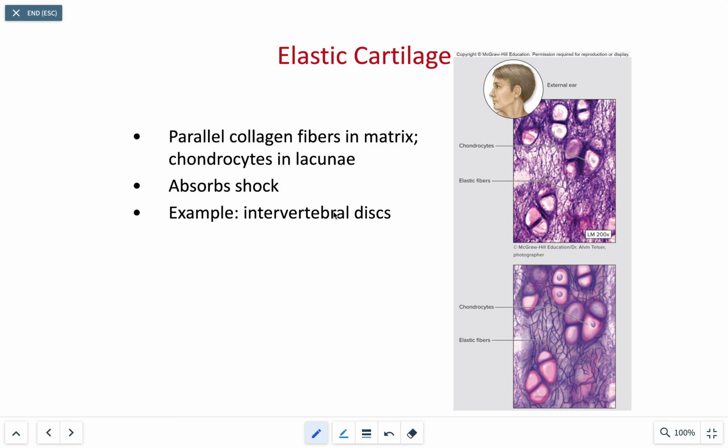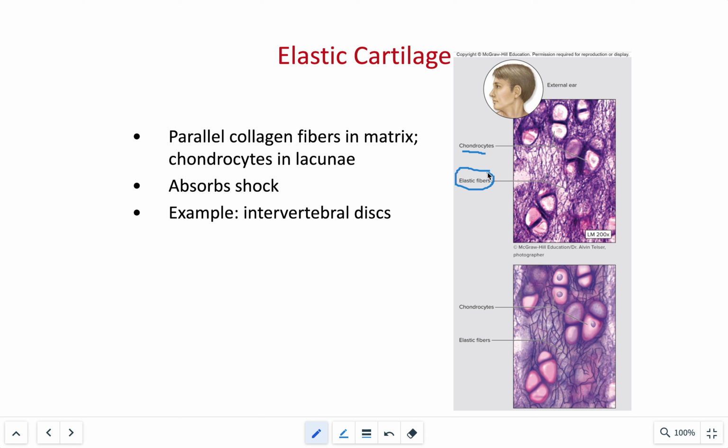And finally, the last type of supporting cartilage tissue that we see is called the elastic cartilage. So all the characteristics are still the same. We see that it has chondrocytes housed within a lacuna, but we also see that it has an abundant amount of elastic fibers.